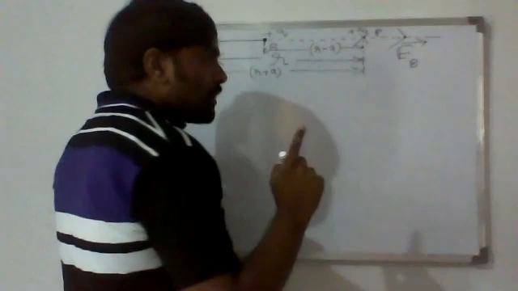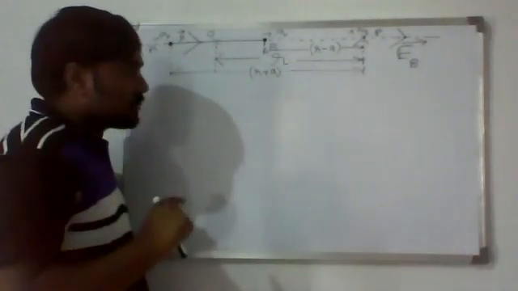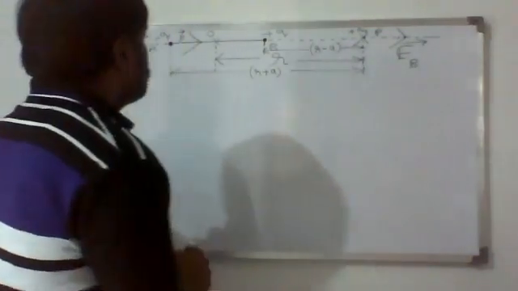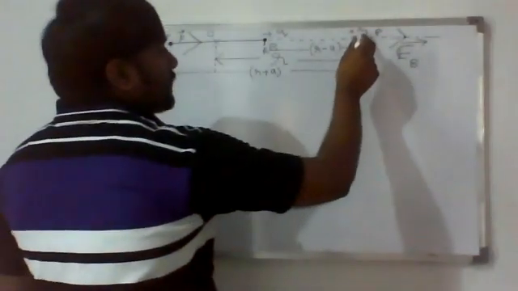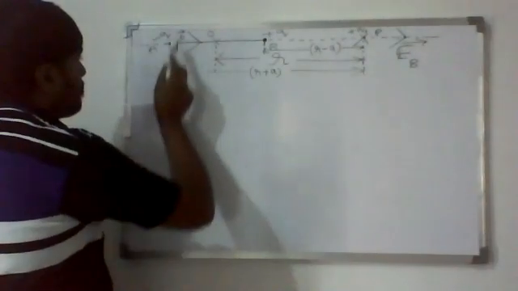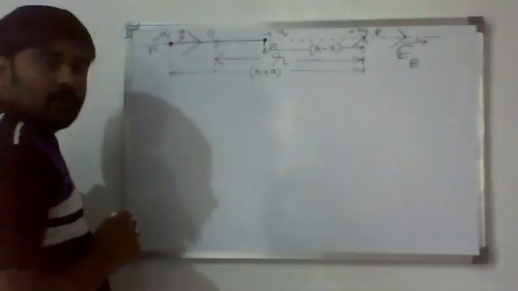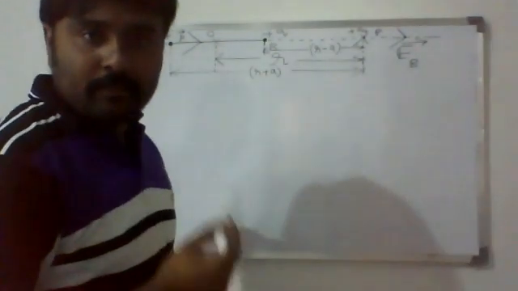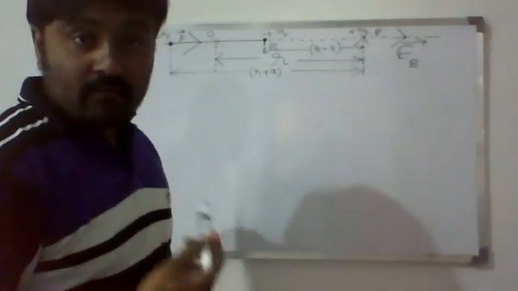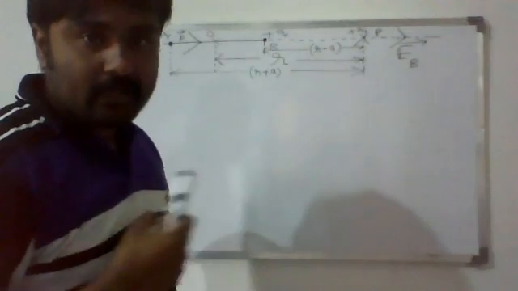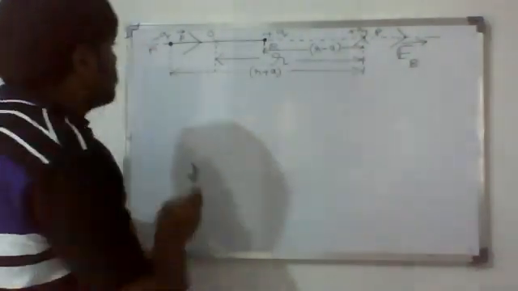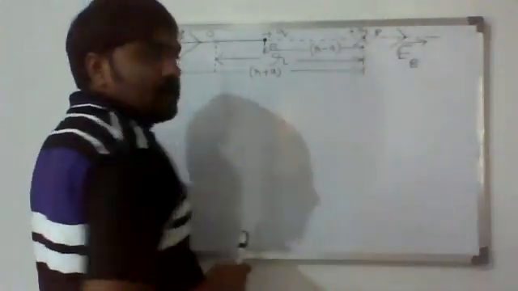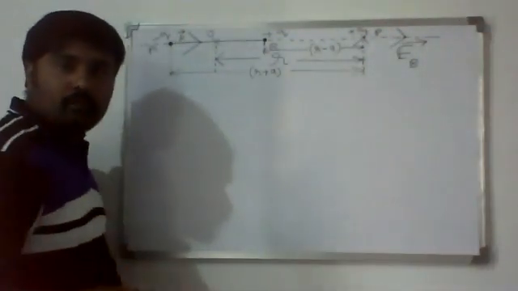Okay. One more electric field is also there at point P. That is electric intensity at point P due to minus Q at A. Due to minus Q at A, plus Q naught at P will experience attractive force.